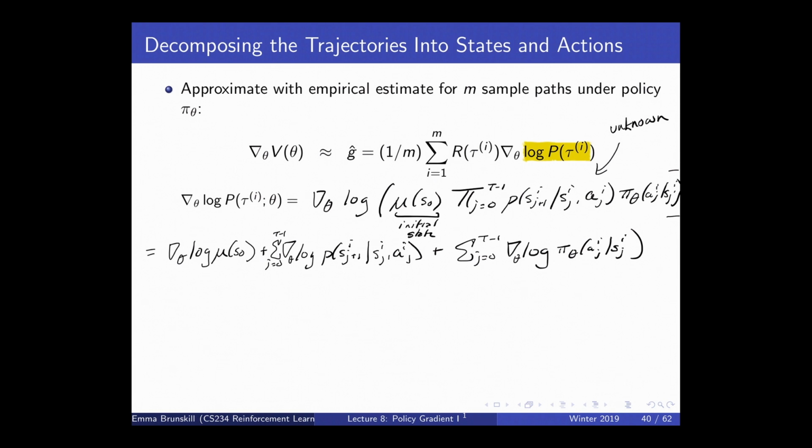One, like the probability of being in any state given state and action that just sums up to one, probably you can get rid of the second. That definitely is right. How about everybody just take a second, talk to your neighbor, and then tell me which of these terms are going to be 0. So we're taking the derivative with respect to theta, and which of these terms depend on theta?